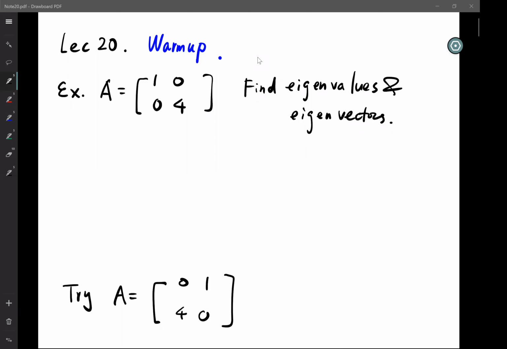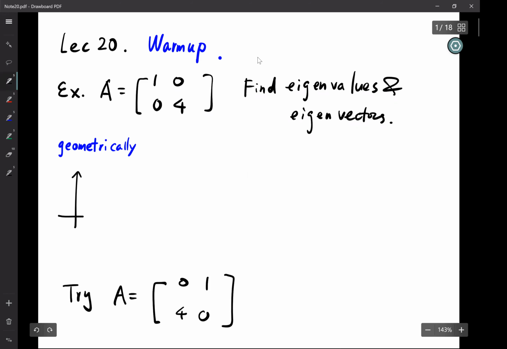Let's look at the problem, okay? For the first one, it's R2. So we can first look at what this matrix does geometrically. This is X, this is Y, or X1, X2.